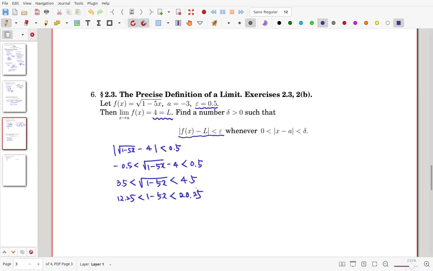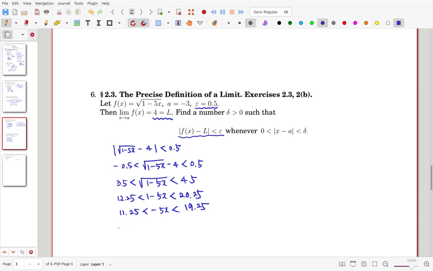20.25. Okay, so we reach this one and subtract 1, so that's 11.25 less than minus 5x, less than 19.25, and divide by minus 5.